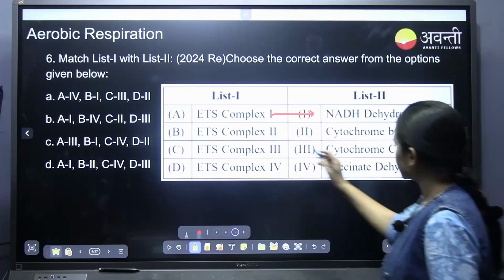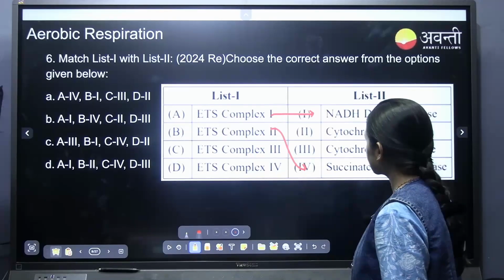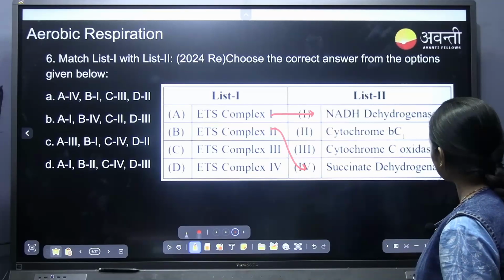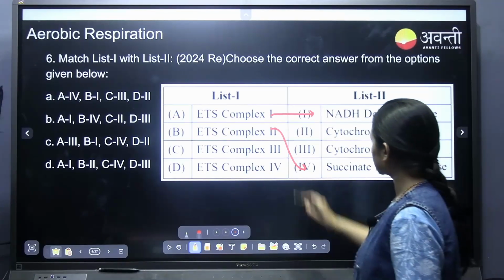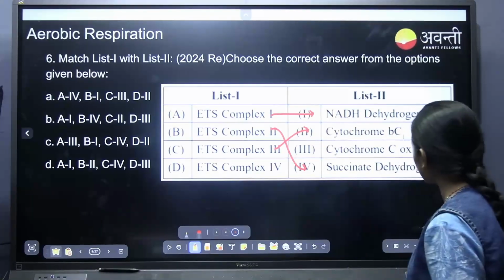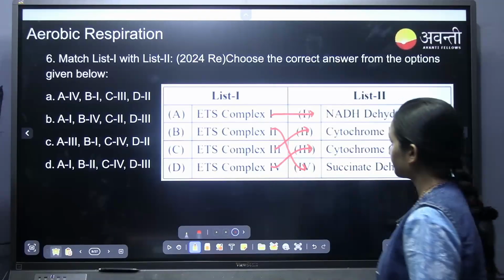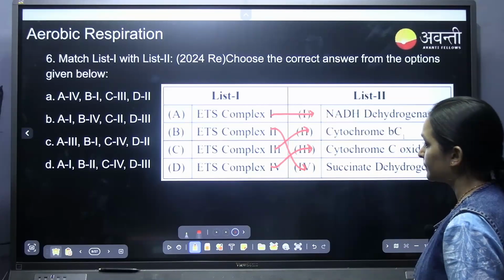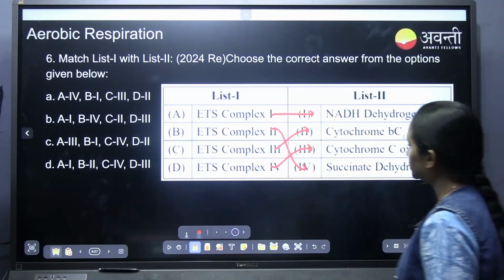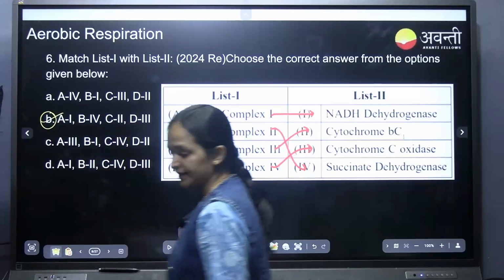Complex 2 is succinate dehydrogenase. Complex 3 is cytochrome reductase, which is BC1, and complex 4 is cytochrome C oxidase. So A1, B4, C2, D3. So B for Bombay, this one is the correct answer.